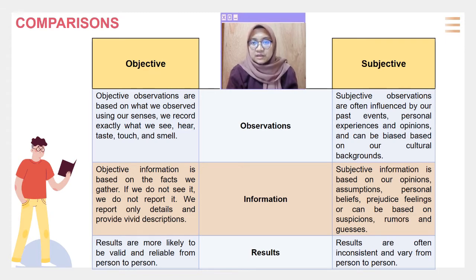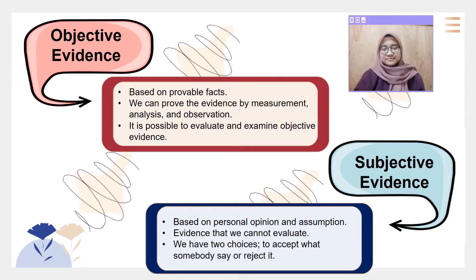For example, we can get information about someone when we are gossiping, right? Okay. Next, for results, objective results are more likely to be valid and reliable from person to person. Different from subjective, results are often inconsistent and vary from person to person.